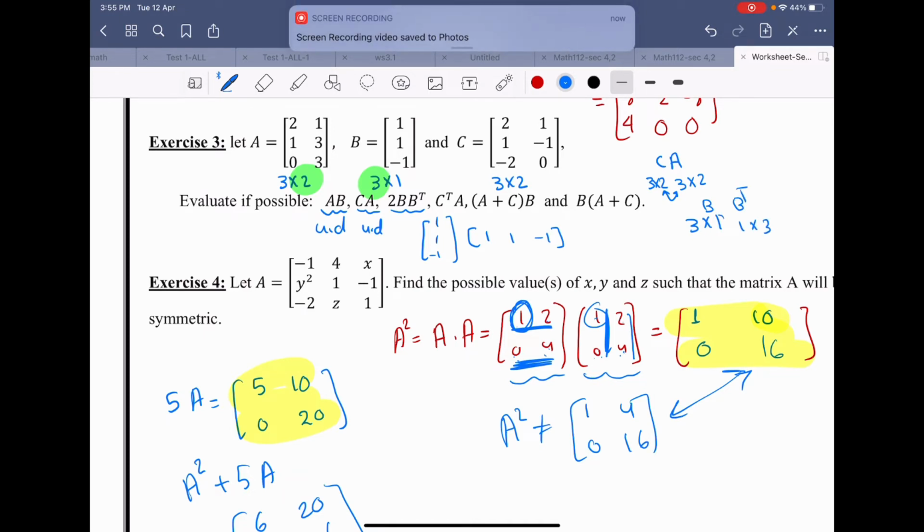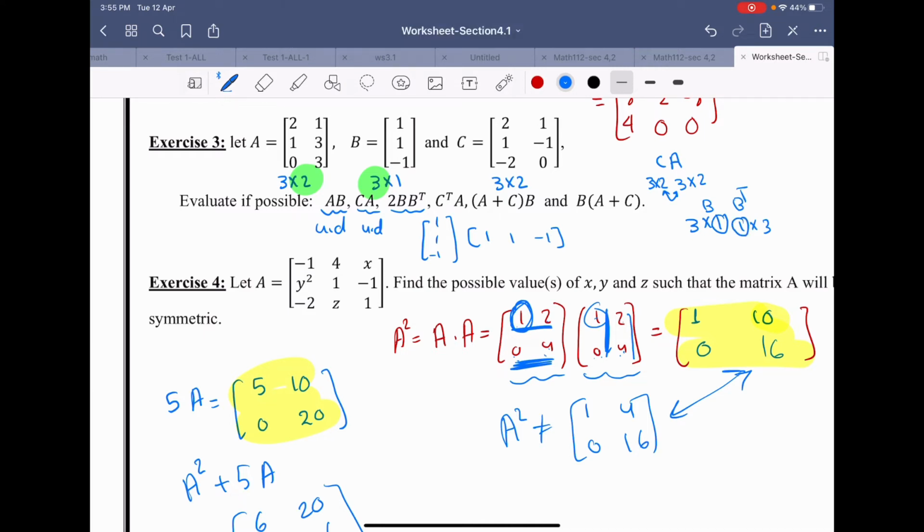Since these match, yes, we can do the multiplication. Actually we will multiply 2B with BT. Now let's multiply. It would be a 3 times 3 matrix.